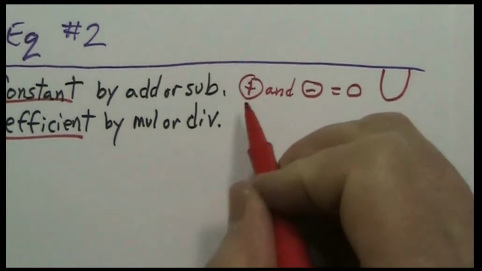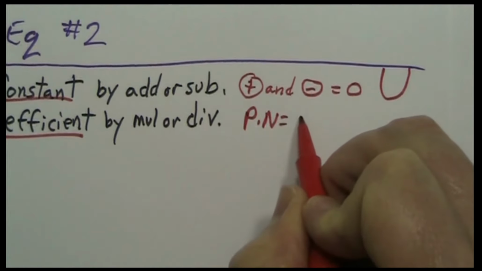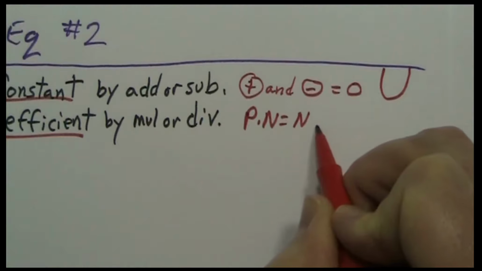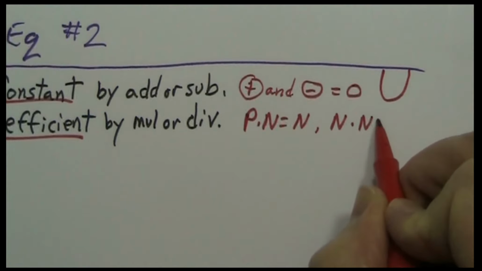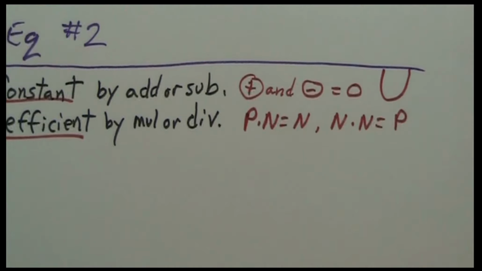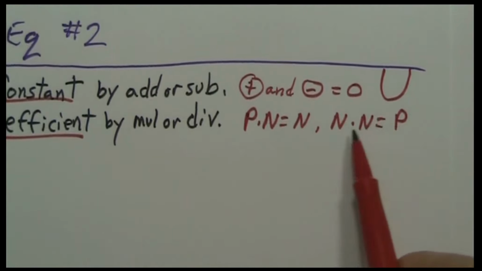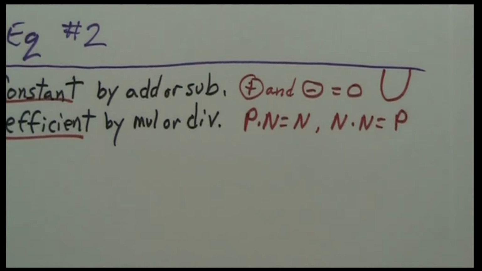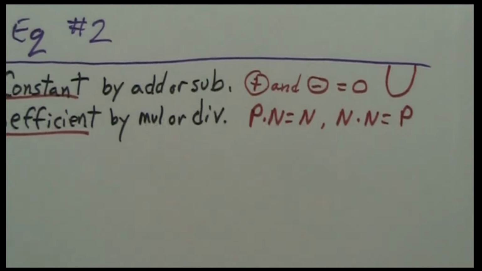I'll just make it real quick. If it's a positive times a negative, it's negative. If it is a negative times a negative, it's positive. Yeah, it's weird. 1 negative is negative, 2 negatives cancel. Those were the rules of dealing with integers, and that is how you'll have to get rid of the constant and coefficient.